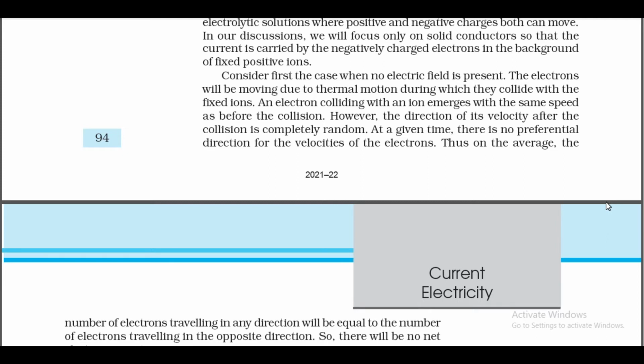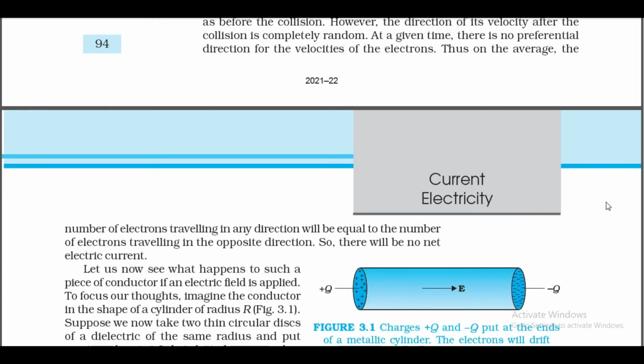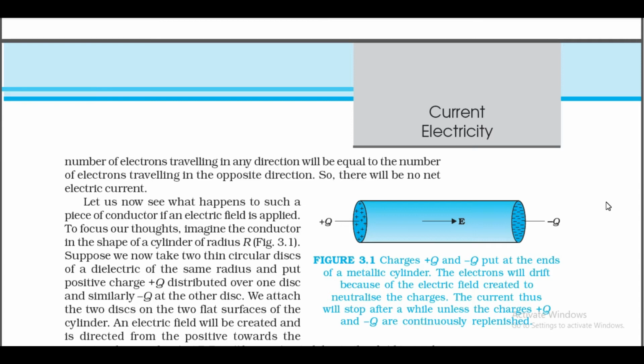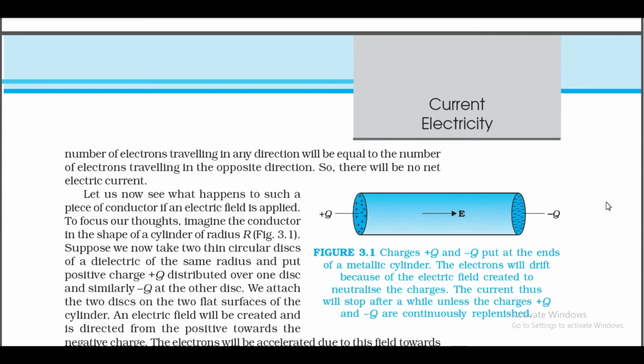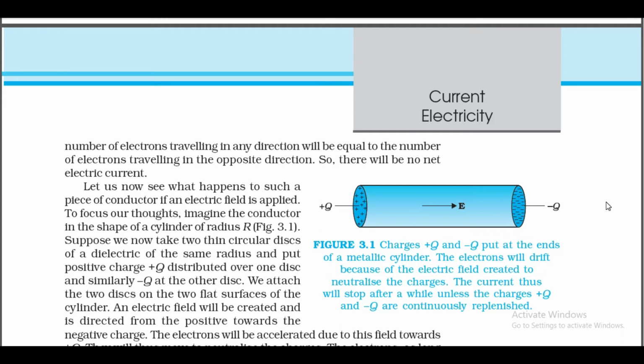At a given time, there is no preferential direction for the velocities of the electrons. Thus, on the average, the number of electrons traveling in any direction will be equal to the number of electrons traveling in the opposite direction. So, there will be no net electric current.